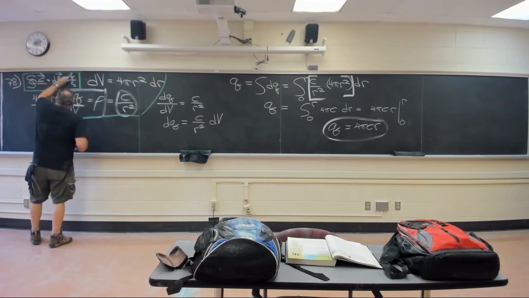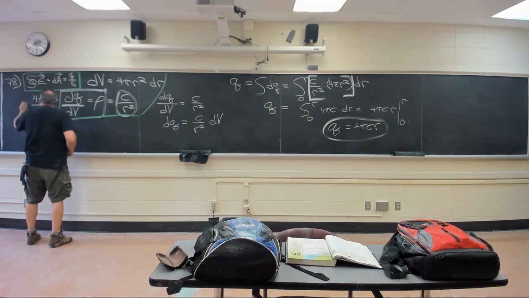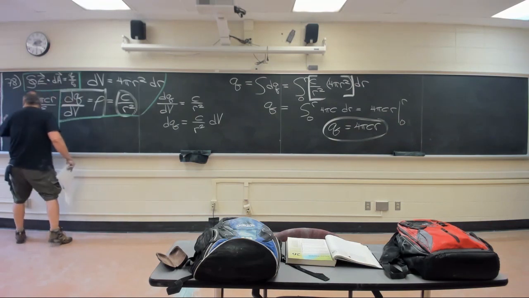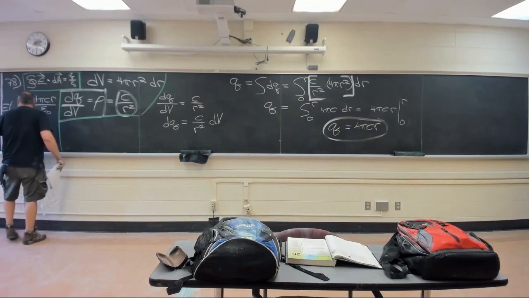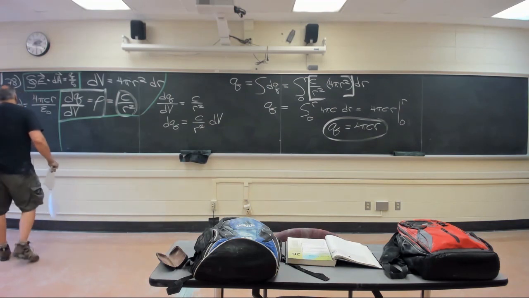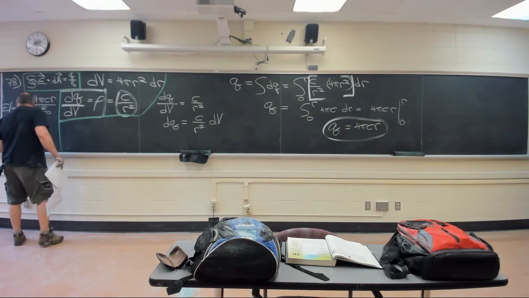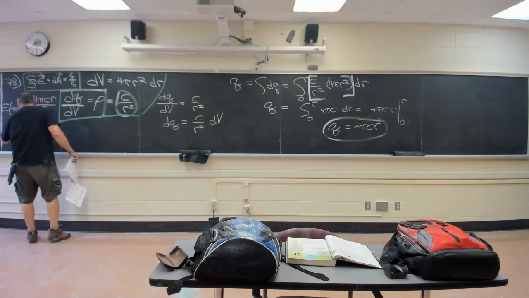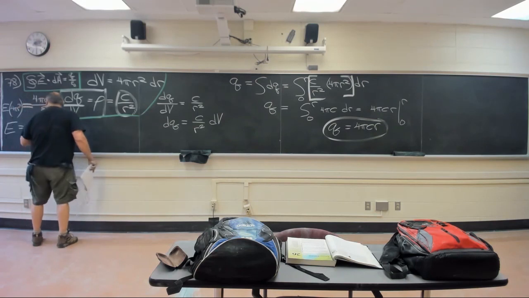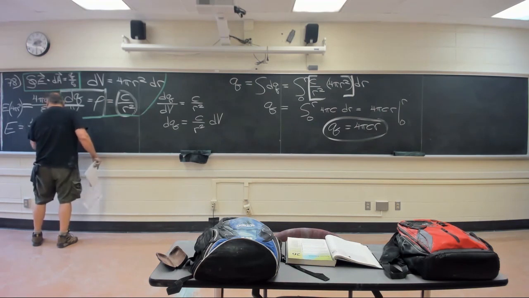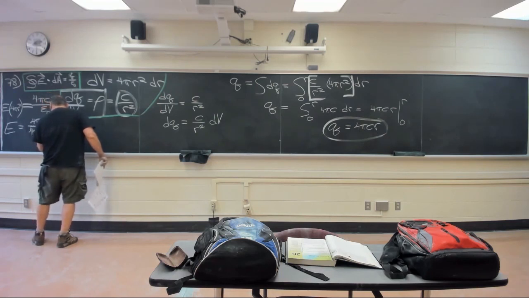Q is 4 pi c r, epsilon naught is this. E dot dA, because of the symmetry, is E times 4 pi r squared. Divide by 4 pi r squared: E equals 4 pi c r divided by 4 pi r squared epsilon naught.